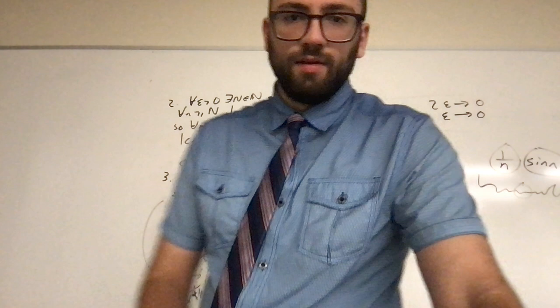This is just from the triangle inequality. And so from there, this is strictly less than epsilon over 2 plus epsilon over 2, so it's less than epsilon. So xn plus yn converges to a plus b.